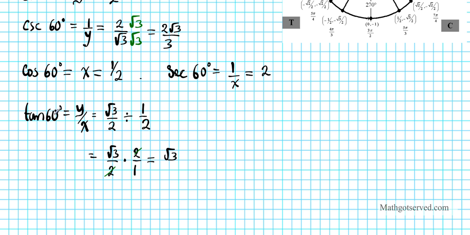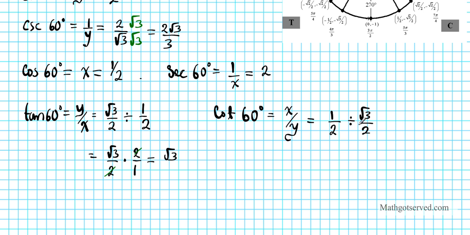Now the reciprocal of tan is cotangent. The last one we need to find is cotangent 60 degrees. Cotangent is x over y. So I'll write it horizontally: 1/2 divided by root 3 over 2.